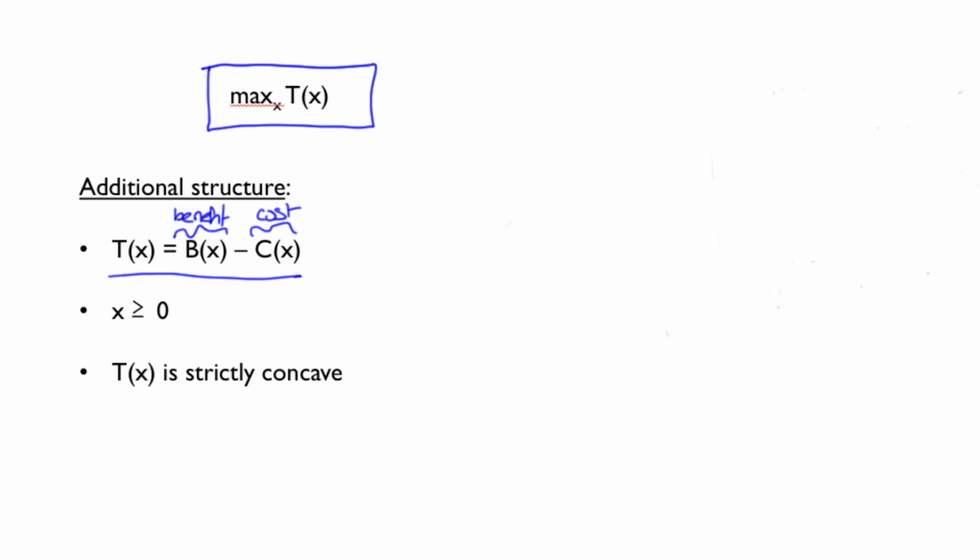I want to give you a couple of examples to convince you that this structure is really at the core of many economic examples of interest, and I will actually argue to most of the economic applications that we're going to do in this course. So consider first an example of a firm. This firm produces some sort of product, and the level x just denotes how much to produce. The benefit is just the revenue of selling x units.